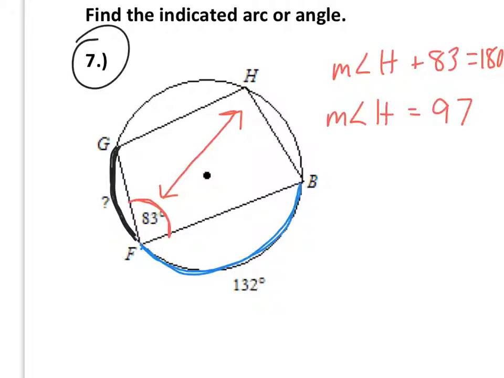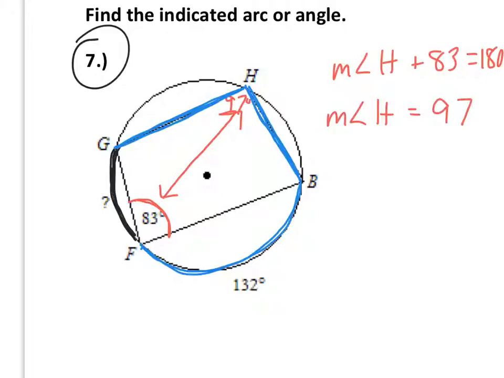So angle h equals 97. Now, what else we see from there is that the inscribed angle h meets the circle and creates this large arc that includes the 132 degree arc as well as our question mark arc.